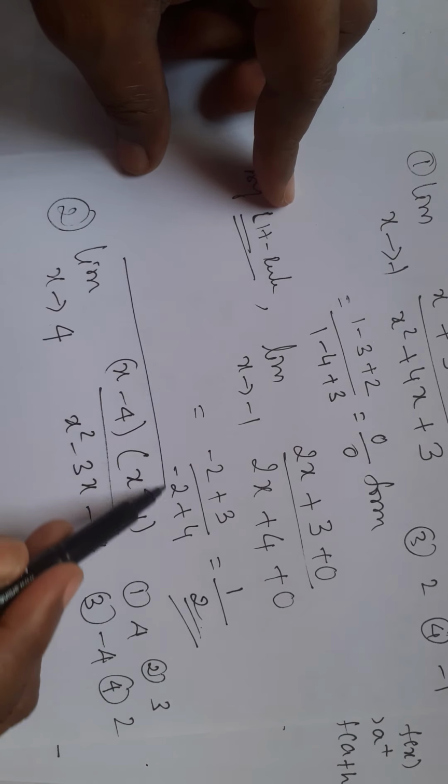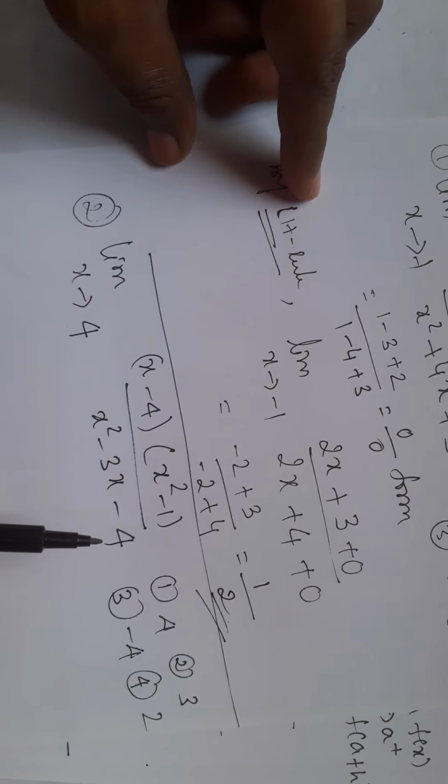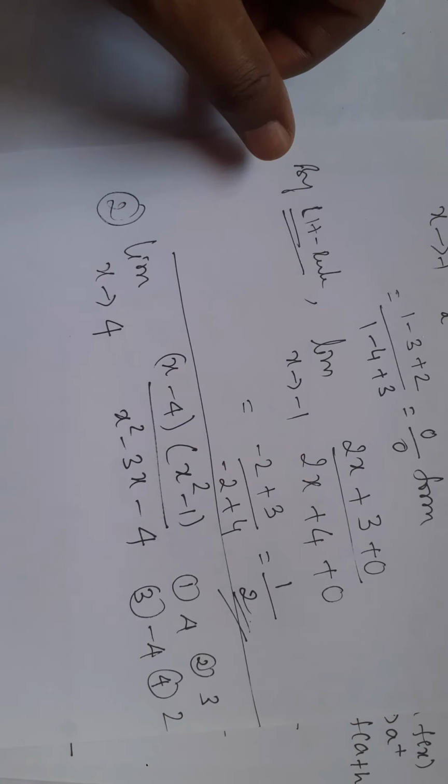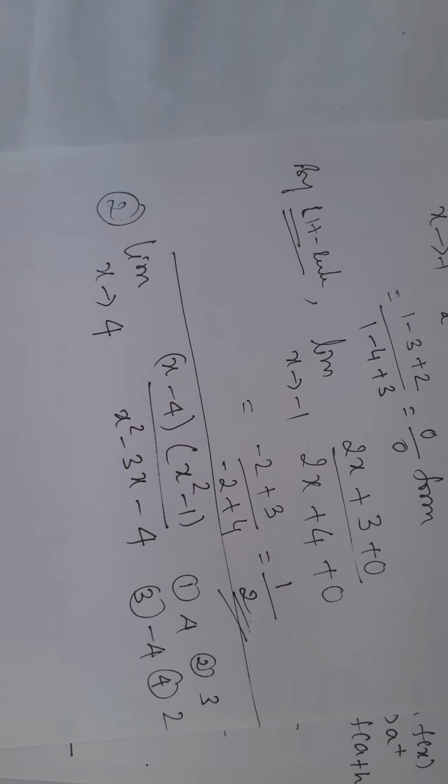So students, here the function is x minus 4 into x square minus 1 by x square minus 3x minus 4. Either you can use factorization or you can use L'Hopital's rule. But one small drawback while using L'Hopital's rule is that we need to apply the product rule here. It can be done, but in these kinds of situations you should see which involves less work.